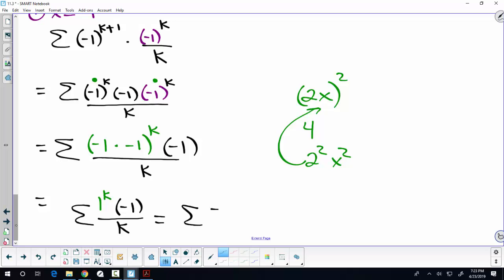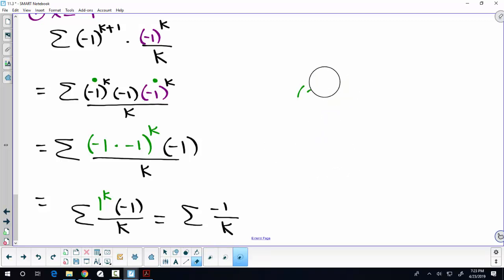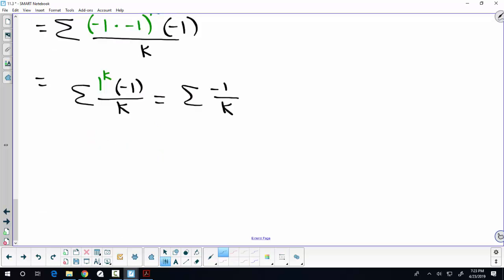So it's a series -1 over k. What do we know about that series? Diverges. How do we know it diverges? It's the harmonic series times -1, right? So this is -1 times the harmonic series, and the harmonic series diverges.